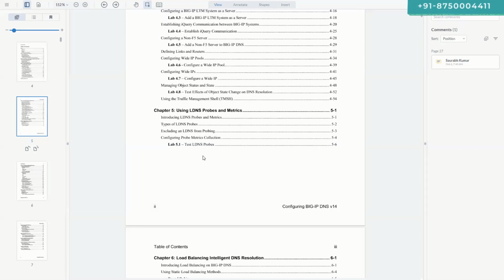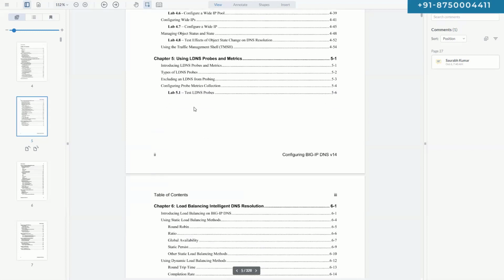Or TTL, time to live, right? For example, you want to provide an IP address in the DNS response which is really performing well at this point in time, from where you can access your application in a faster way. So that's where the LDNS probes and metrics would need to be configured.